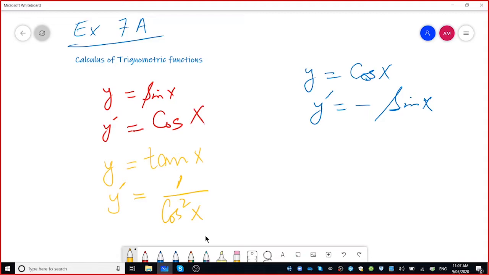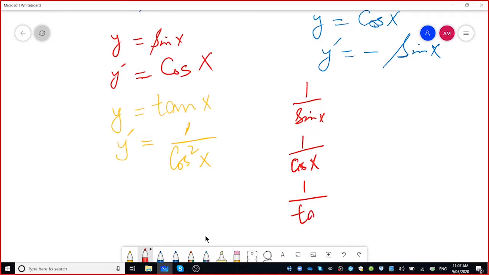Do you know what secant is? No. Normally it is not in your syllabus, but if you see 1 over sine x, 1 over cos x, and 1 over tan x: 1 over sine is called cosecant x, 1 over cos x is called secant x, and 1 over tan x is called cotangent x.